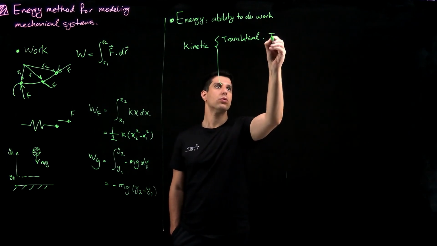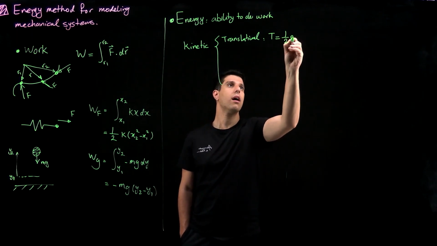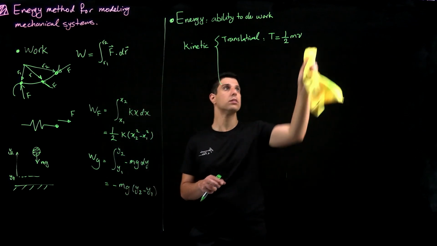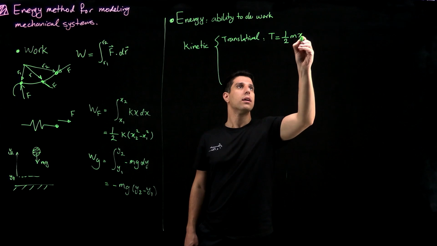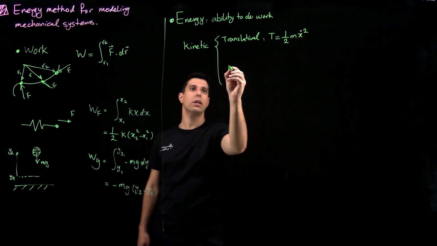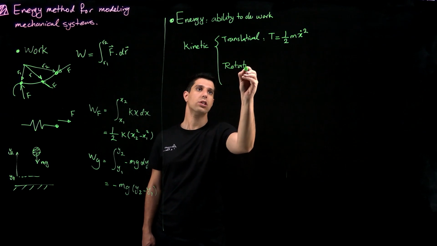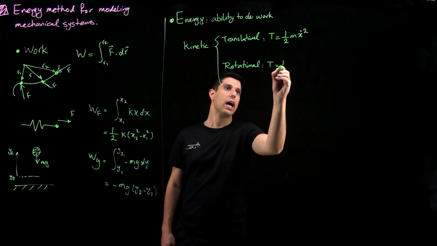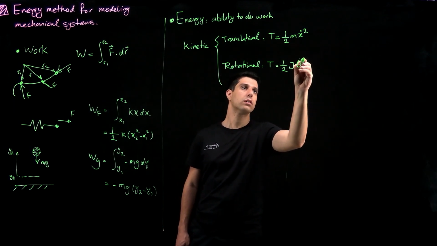Kinetic energy is usually shown with T equals a half m x dot squared. In rotational, T is a half J theta dot squared.